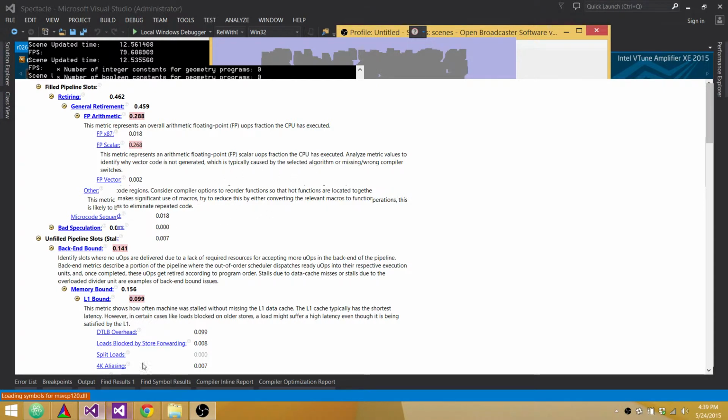If we look at Gunship, it doesn't highlight that for Gunship. Store bound isn't a problem in Gunship at all, and for L1 bound, DTLB overhead doesn't seem to be a problem. So that, to me, suggests that my theory that the architecture of Gunship allows for better data locality could be right in that case.